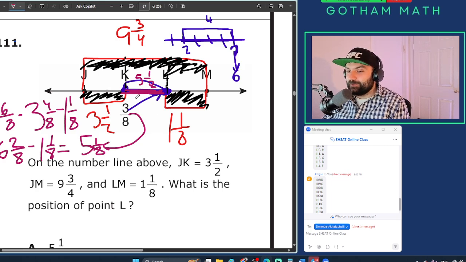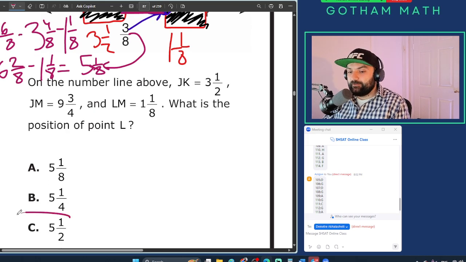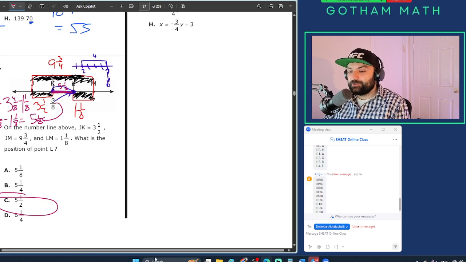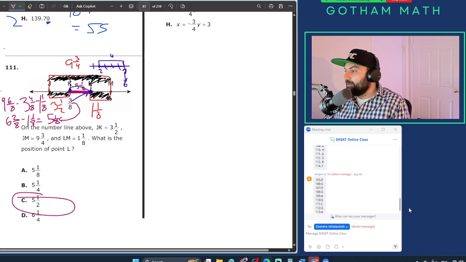Now 5 and 1/8 plus 3/8 is going to be 5 and 4/8, which is 5.5. See, it's actually not that many calculations, not as many as I thought.